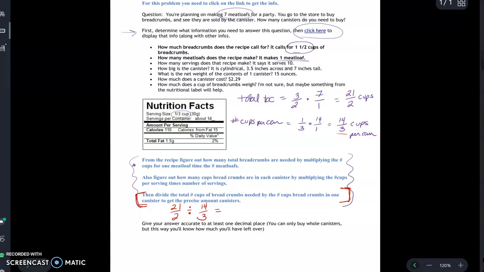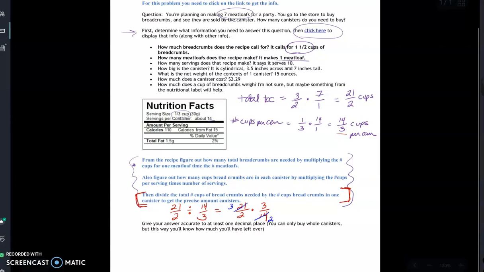We'll flip that second fraction around, because when we divide fractions, we multiply by the reciprocal. Then we're going to reduce, so you can use a calculator if you want, but 7 into 21 would be 3, 7 into 14 would be 2.